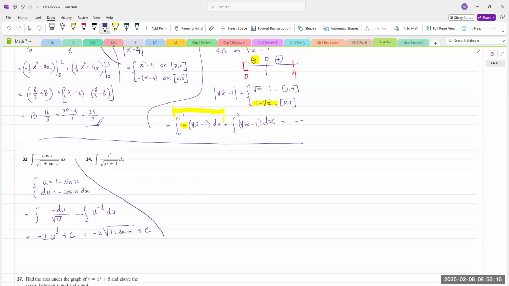While number 34, similarly, oh no, this is not so similar. Our u will be x squared plus 1. du is 2x dx. I need to rewrite that integral first.